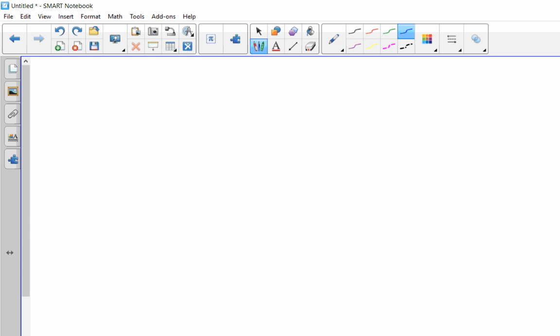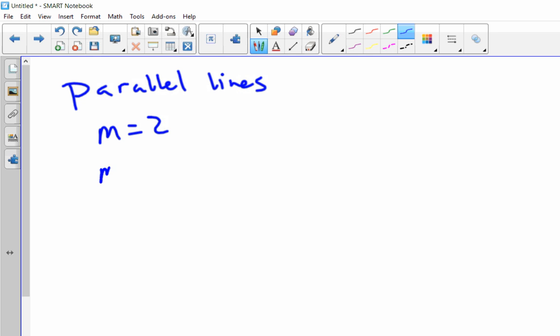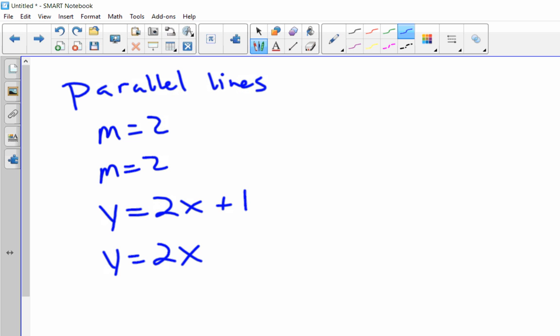When you have parallel lines, I have a slope of 2, and if I want to see it, the other one parallel to it, the other line has to have a slope of 2. So if I have given an equation like this, then the other one has to have a slope of 2.